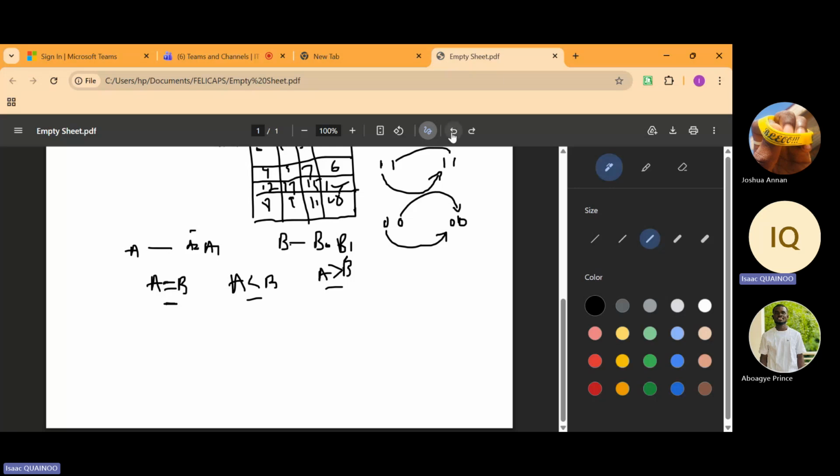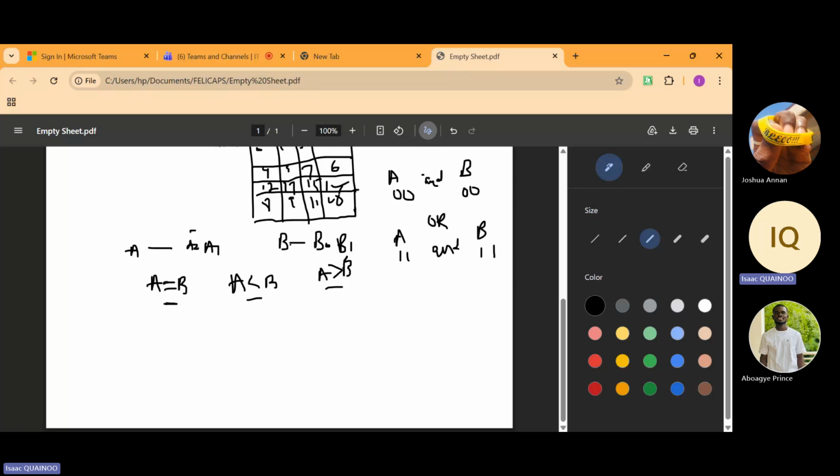Okay, so there are only 2 scenarios where 2-bit binary numbers can be equal. It is when A is 0, 0, and then B is also 0, 0. We can say that these two are equal. That is scenario 1. Or when A is 1 and 1, and B is also 1 and 1.